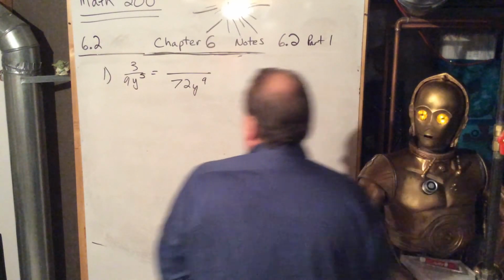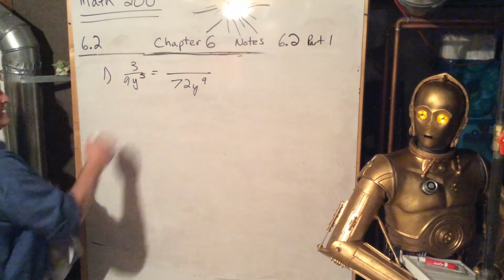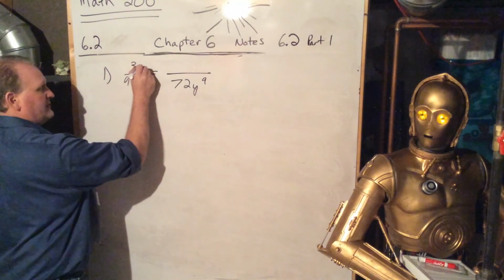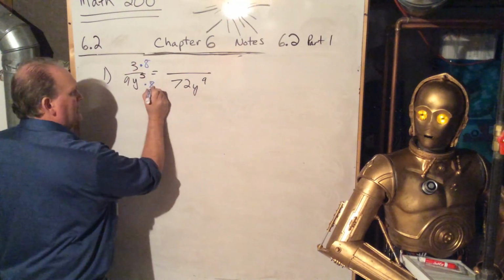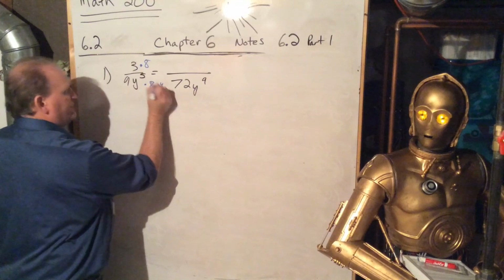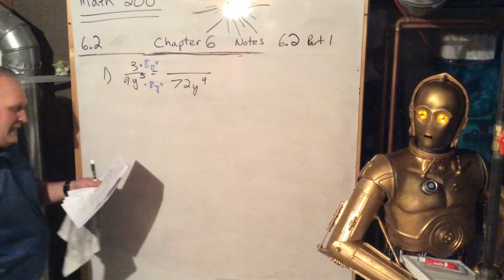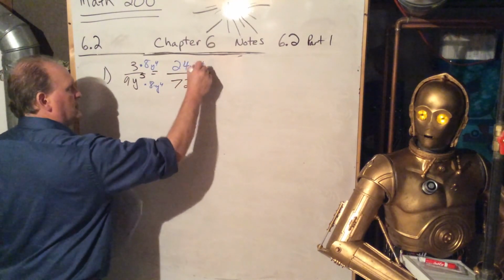And what do I multiply y to the 5th by to get y to the 9th? So 9 times 8 is 72, so I have to multiply that by 8. And y to the 5th to y to the 9th, I'm missing 4 of them. So on the top, I have 3 times 8y to the 4th, which is 24y to the 4th.